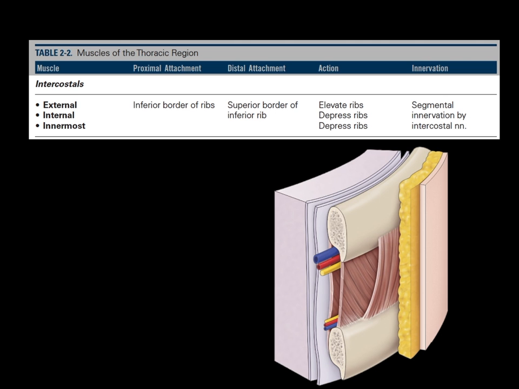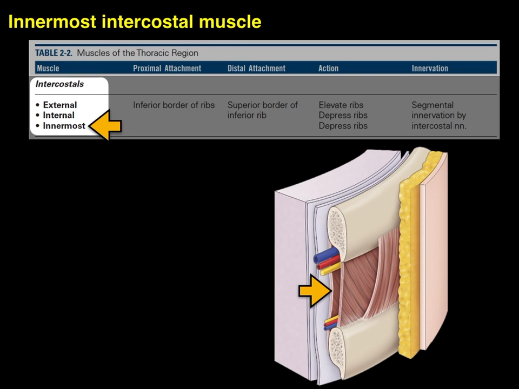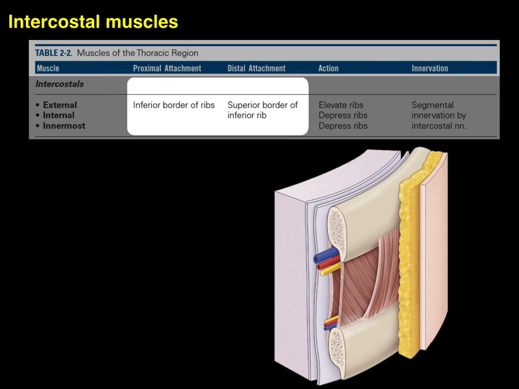All right, so next we have our deeper anterior thoracic wall muscles, also known as our intercostal muscles. There's first the external intercostal, internal intercostal, and innermost intercostal. These three layers of muscles are called intercostals because they are between costal ribs. They arise from the inferior border of one rib, and then they attach to the superior border of the infra-adjacent rib.